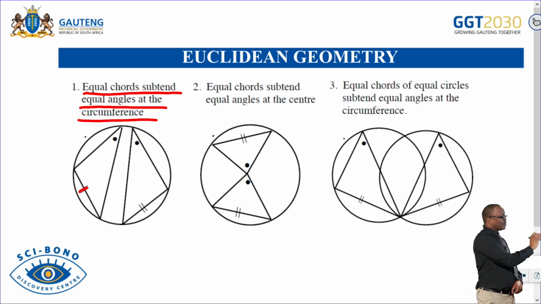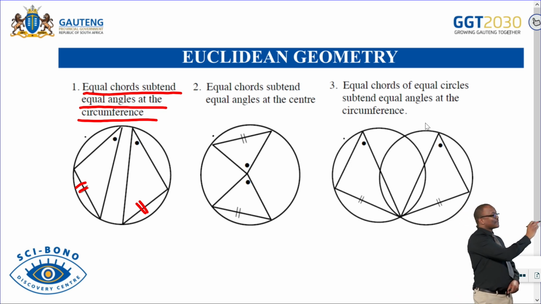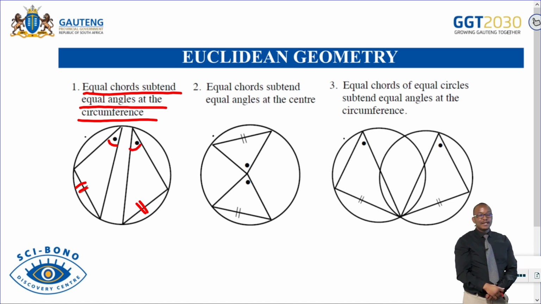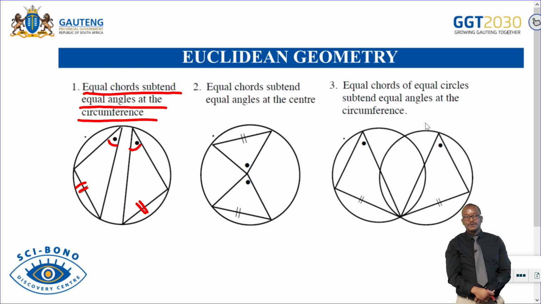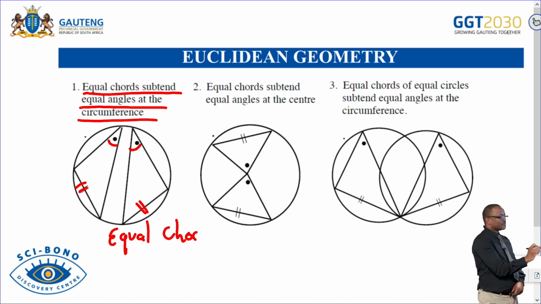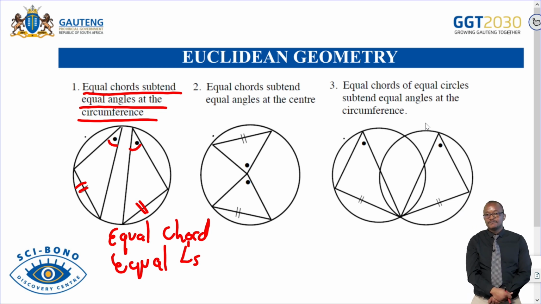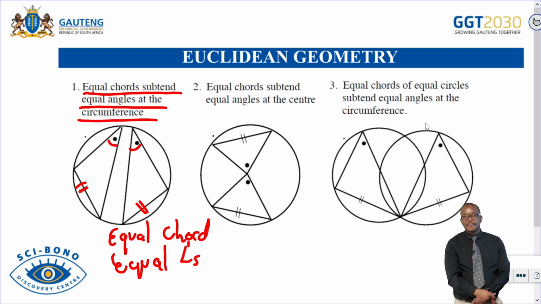If you have a chord in 2 separate triangles and those chords are equal, they subtend equal angles. So you give a reason to this, you will say equal chords, equal angles. That's how you're going to give the reason on that one.